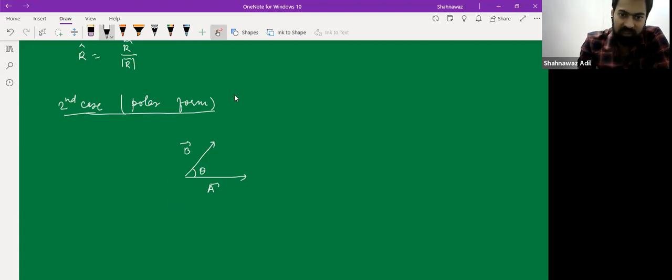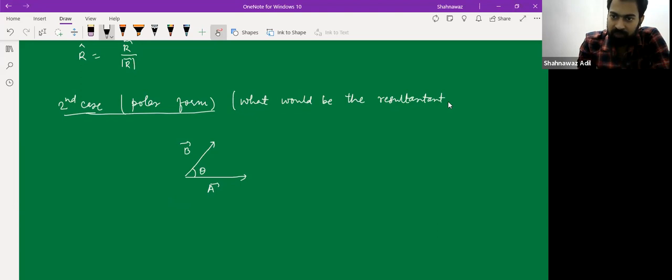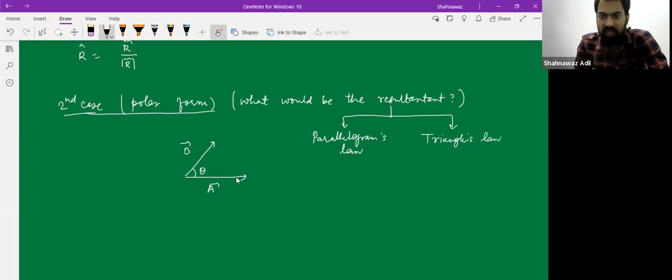What would be the resultant? As you already know, there are two methods. One is the parallelogram law, and the other one is the triangle law.